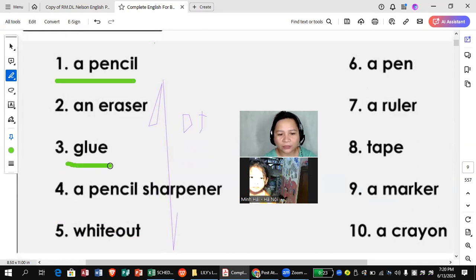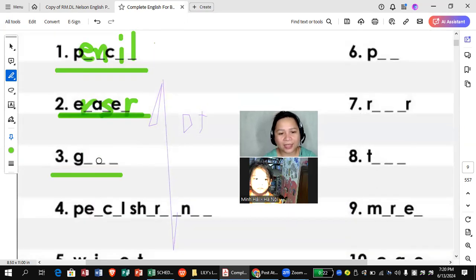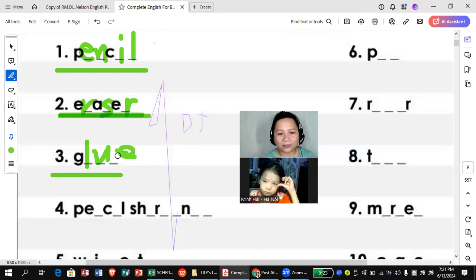Can you spell the word glue? G, L, U, E. Okay, again, what are the missing letters in here? L, U, E. Yes, that's right.